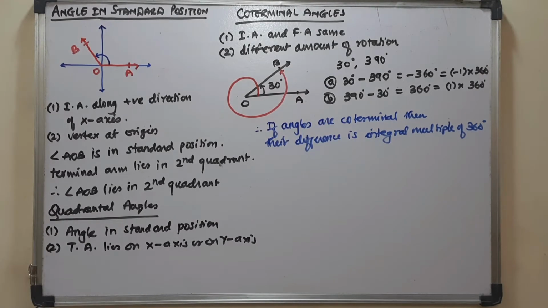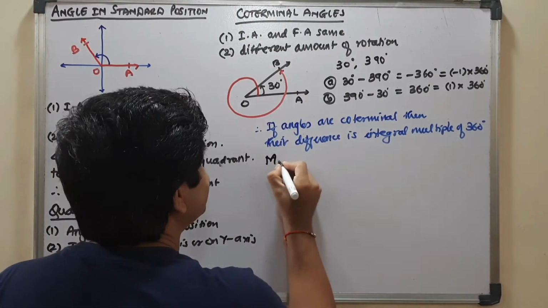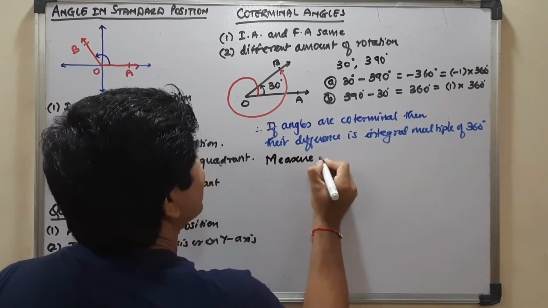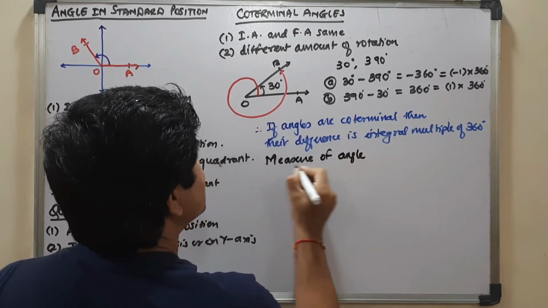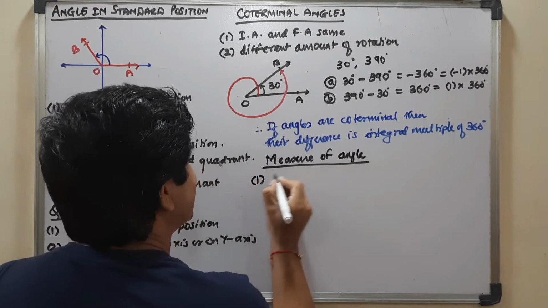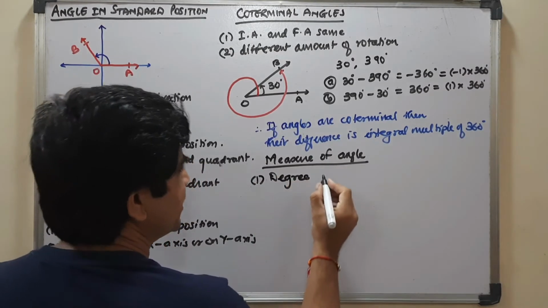Okay, so now how do I measure angle? That is system, how do I measure angle? Up till now, that is still 10th standard, we used this measure, which we used to call degree measure.